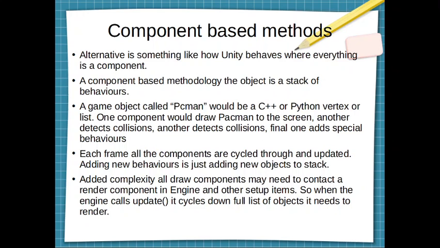So Pac-Man's sprite is a component in this idea, and Pac-Man's position is a different component, and they might all be tracked in one list, but they're all then made accessible by being able to contact the main game world and add them as references into the parent managers, which will cycle through all the parts and update them all at the same time.